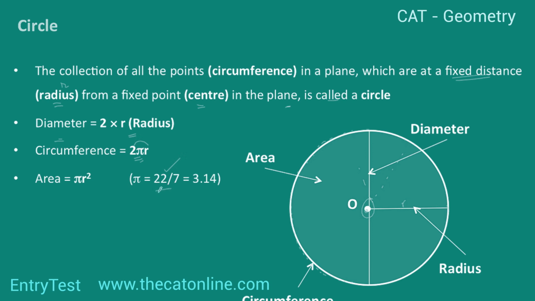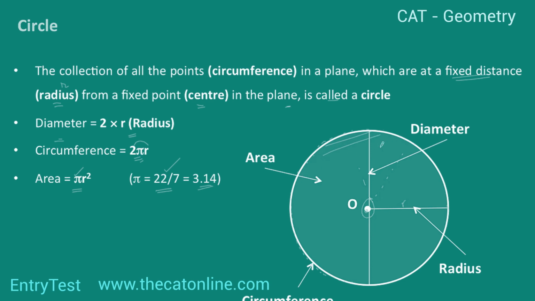So I can take 22 by 7 or 3.14 as the value of pi. The area of this circle is given by pi r square. Pi into the square of the radius is what your area for this circle comes to.